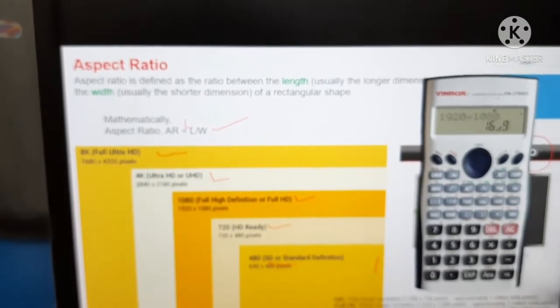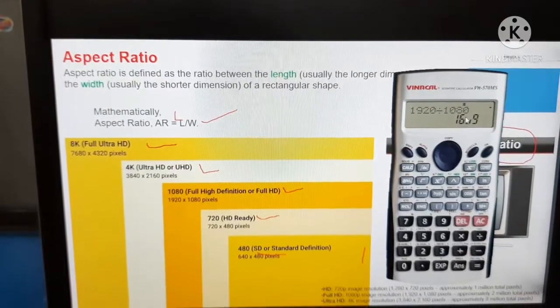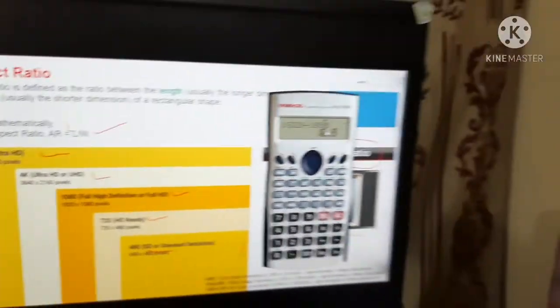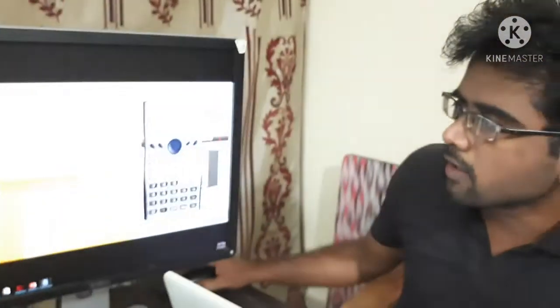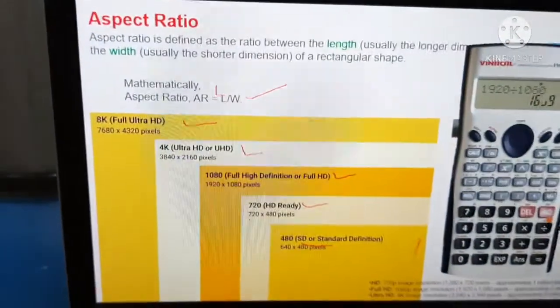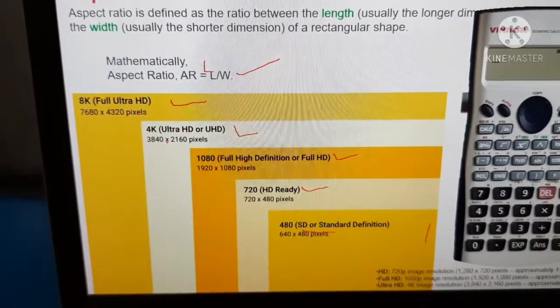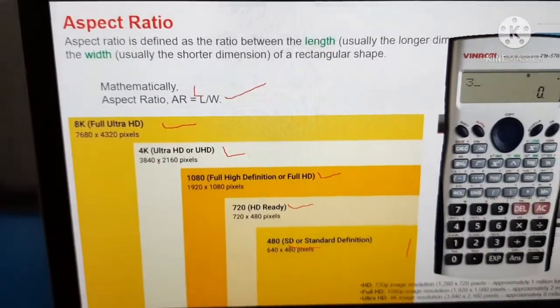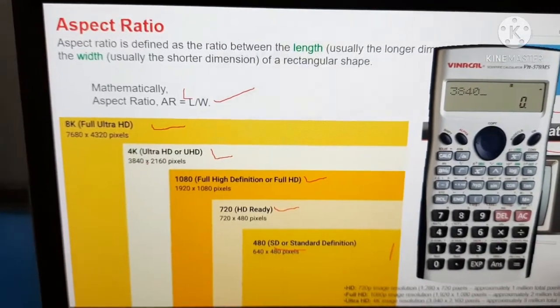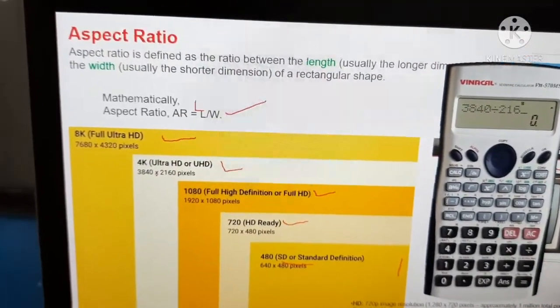This is what they are telling you: 16:9 is the aspect ratio of the display. It will display the exact image. The same fundamental applies for a 4K display system also. The 4K display system has a length of 3840 pixels divided by a width of 2160.